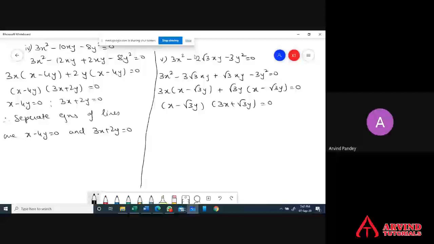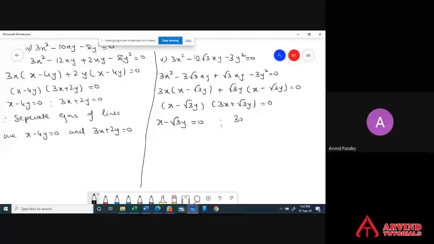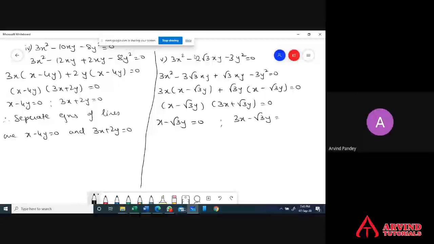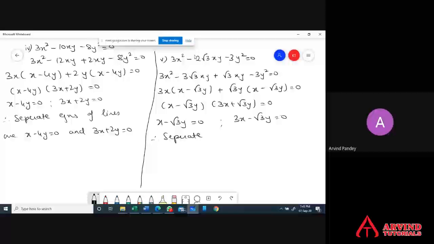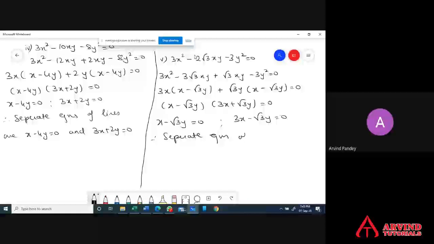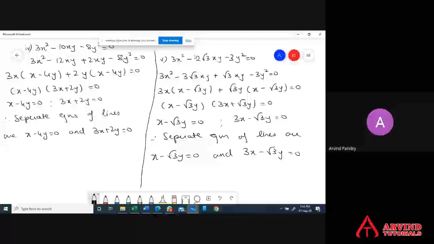So it is x minus root 3y equal to 0 or 3x plus root 3y equal to 0. We'll say therefore separate equations of lines are x minus root 3y equal to 0 and 3x plus root 3y equal to 0. Okay, let's copy this down.